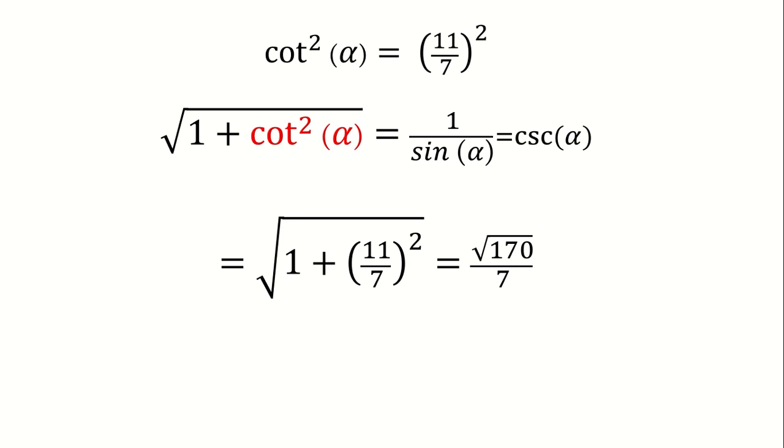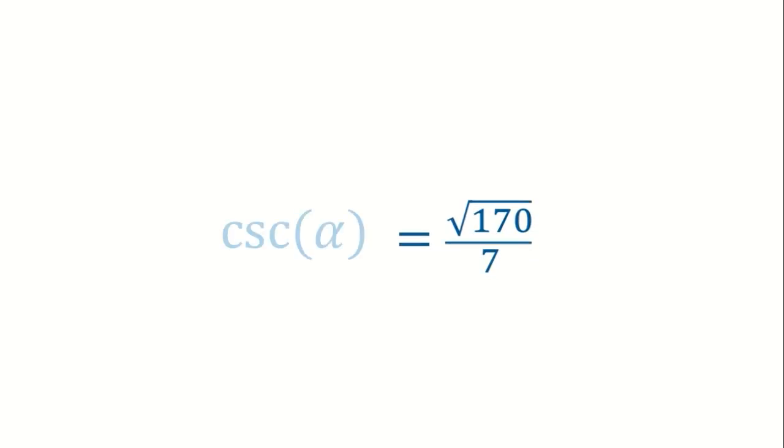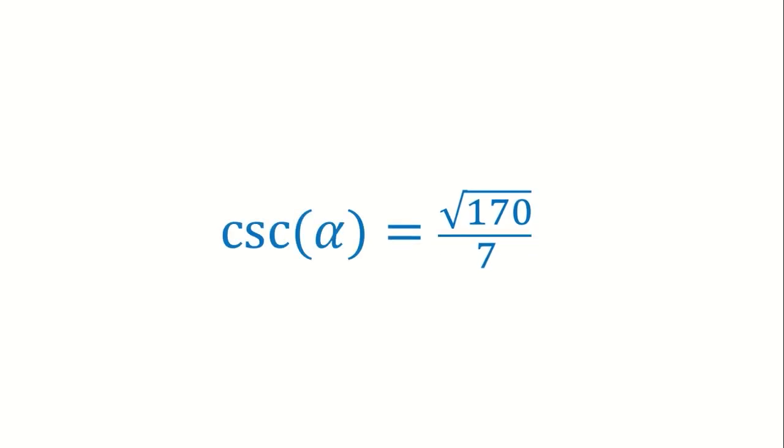The result is 170 over 49 under the radical, and the square root of 49 simplifies to 7. So the final result is the square root of 170 over 7. The answer is: cosecant of alpha is equal to the square root of 170 over 7.